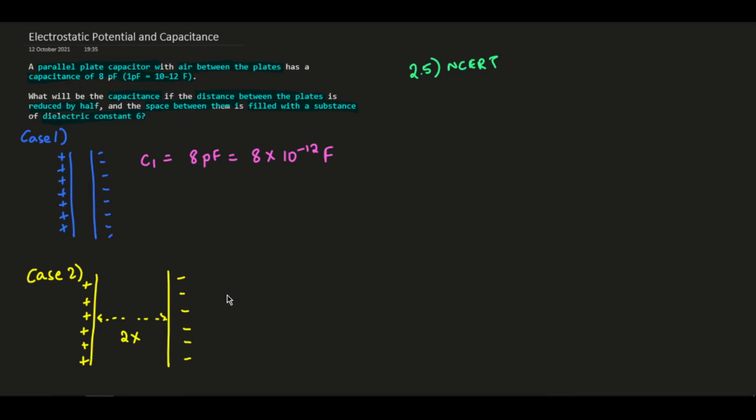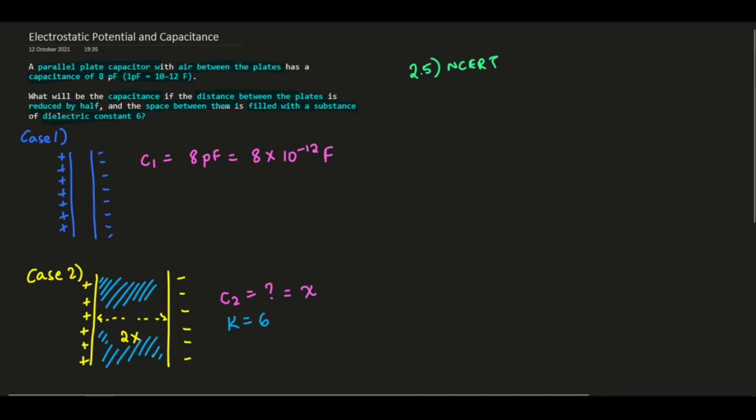So let's take C2 is equal to, let's just take it as x, to make things simpler. And they're saying that it is filled with a dielectric. This means that the space in between has been filled completely by a dielectric of constant k equals 6.